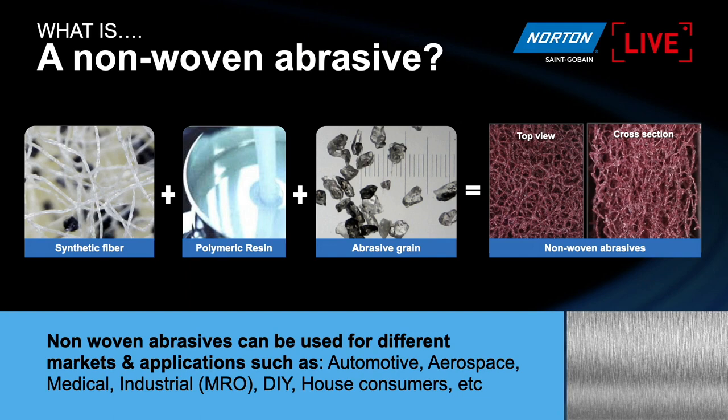So these products deliver a great finish. Within our portfolio of abrasives, these come at the end of the abrasive processes where customers are looking to clean, blend, deburr, or finish.